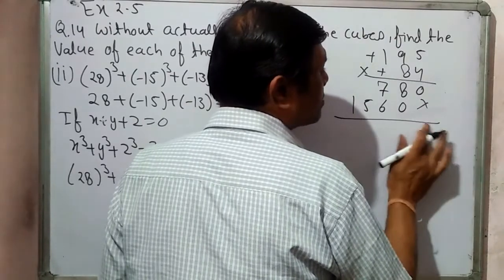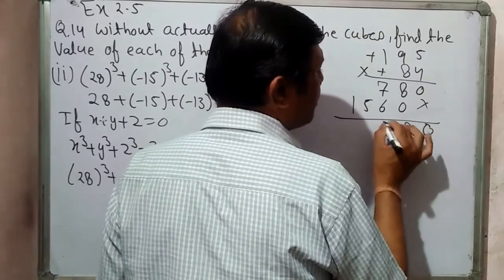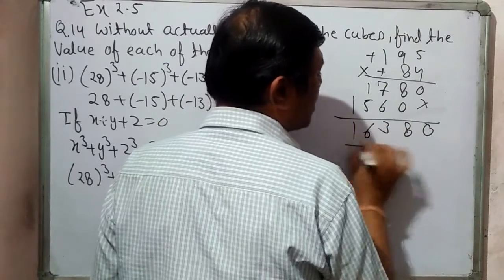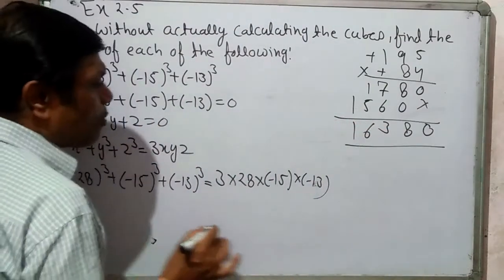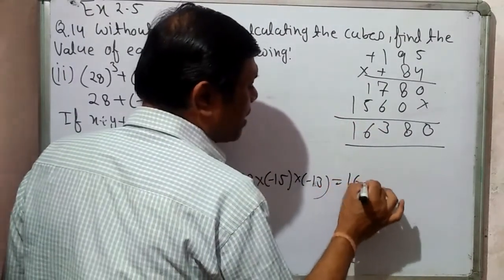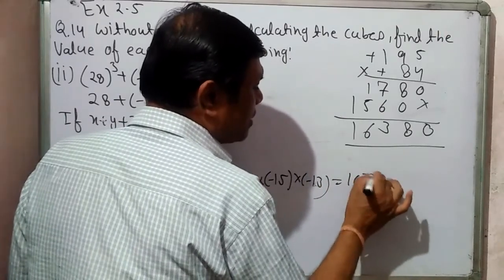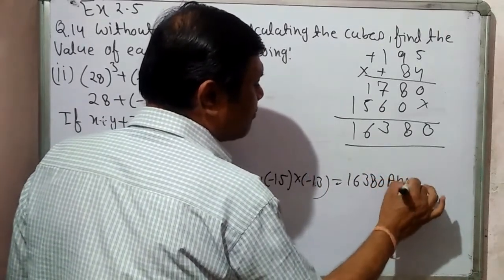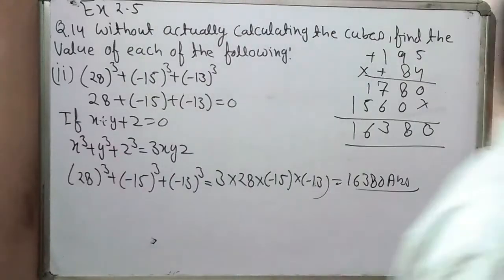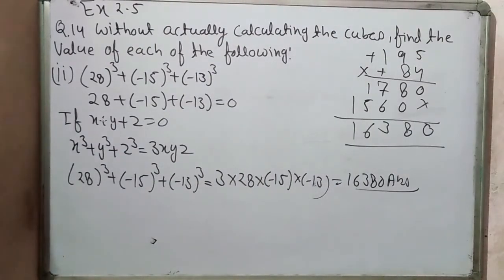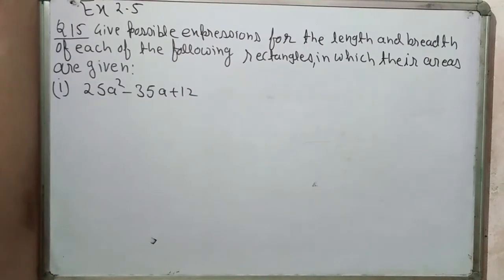This should be 0, 8, 3, 6, 1, so it should give us 16380. That should be the answer for this particular part. We have simply applied the identity x cube plus y cube plus z cube is 3xyz when x plus y plus z is 0.